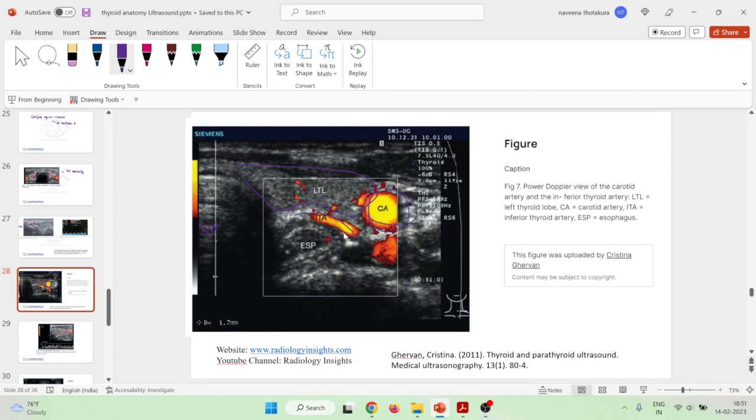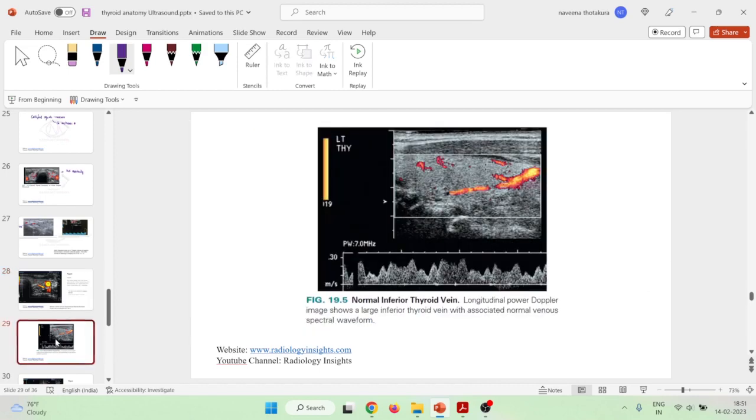This is the inferior thyroid artery, which is seen in the picture. The inferior thyroid artery is present below the thyroid gland, actually not at the lower pole, but posterior to the lower third of the thyroid gland.